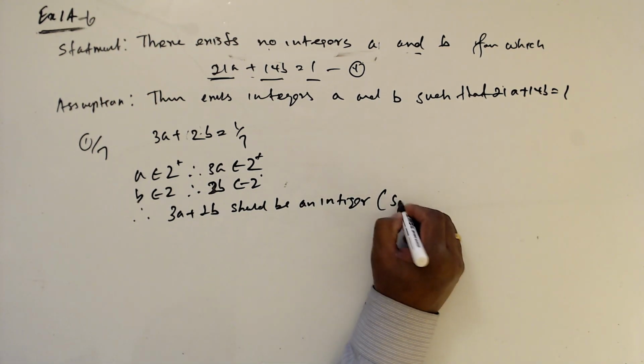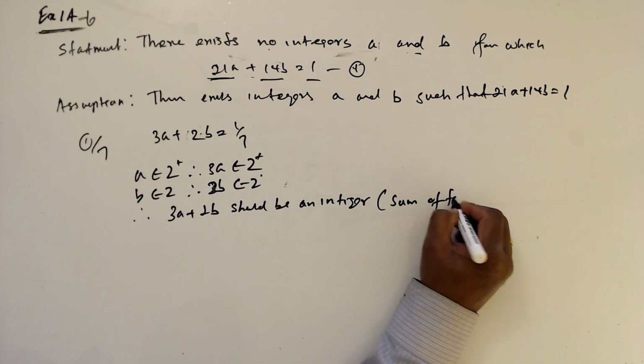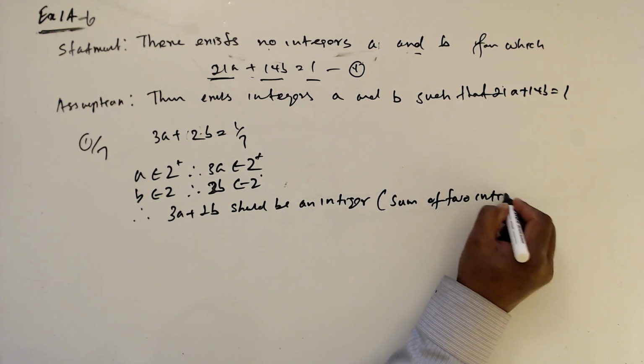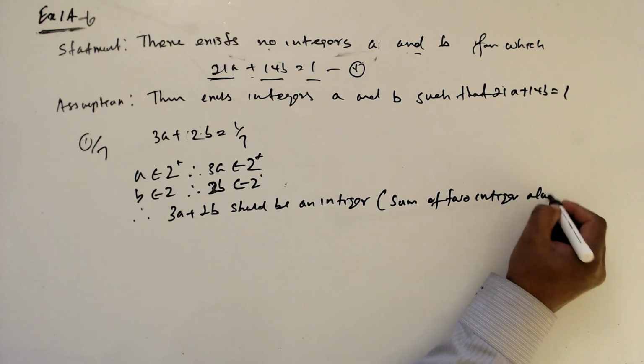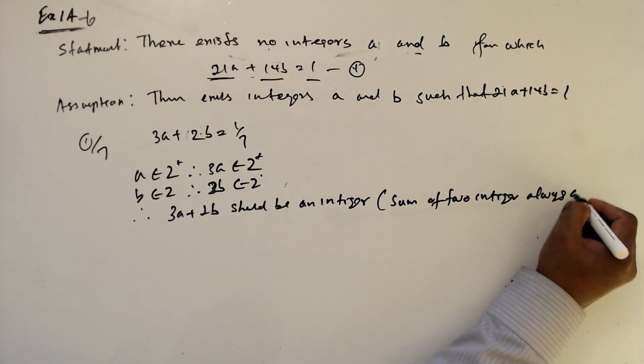The reason is the sum of two integers is always an integer.